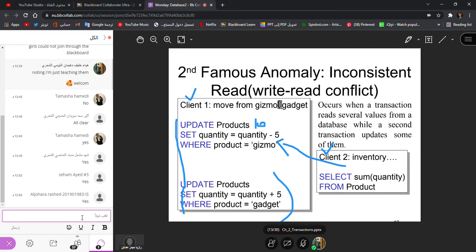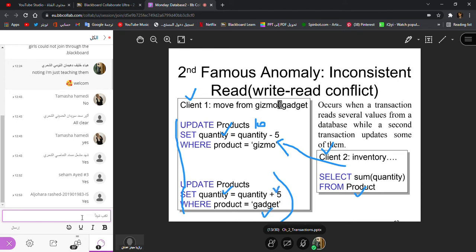Okay, it was not finished yet, and client 2 came and says select sum of quantity from the product. What is the meaning of this? It's saying go to the table product and add all the quantities in this column. But the other update was still not done, because it is still saying update the product quantity where the product name is Gadget and plus 5.